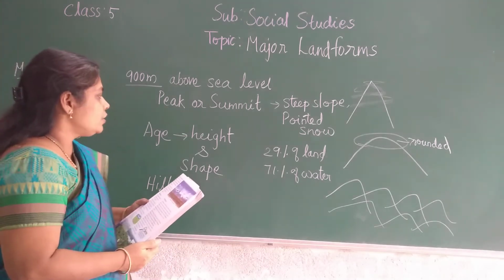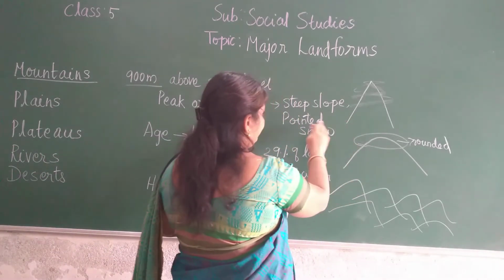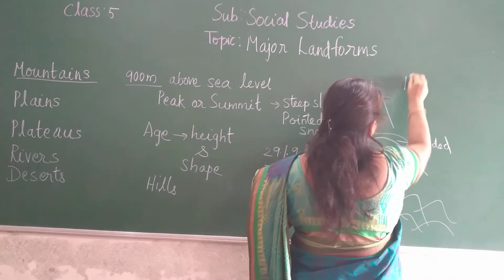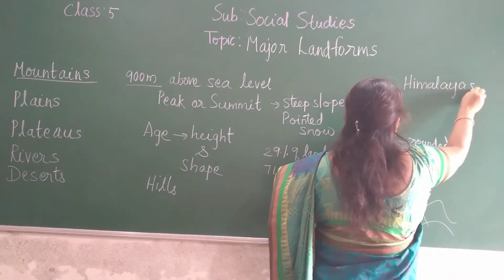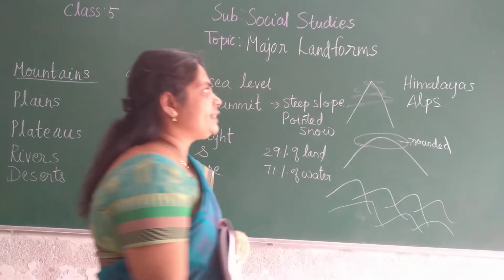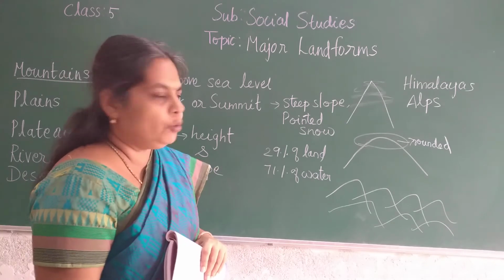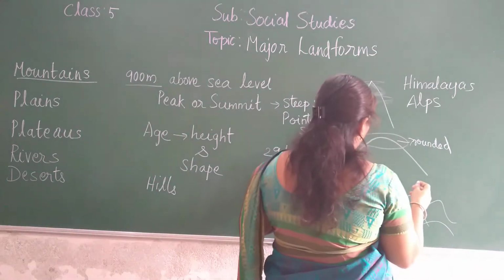Okay, and so we can tell. The steep slopes and pointed peaks, for example the Himalayas and Alps, children. These mountains are examples of the young mountains. The next one, the rounded mountains or the old mountains.